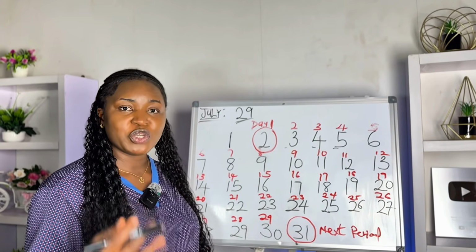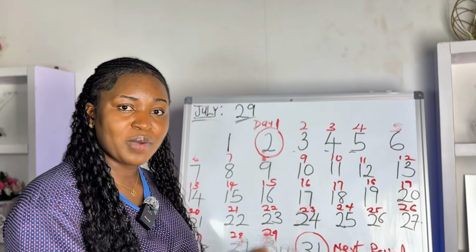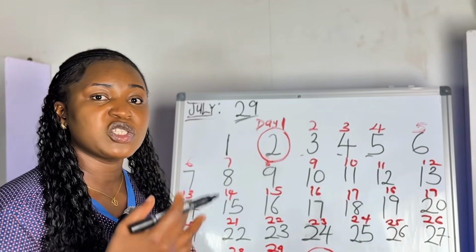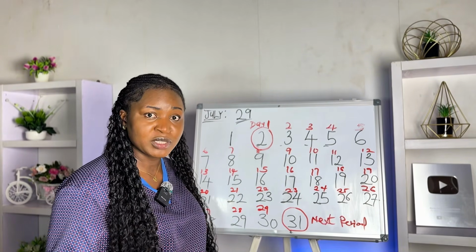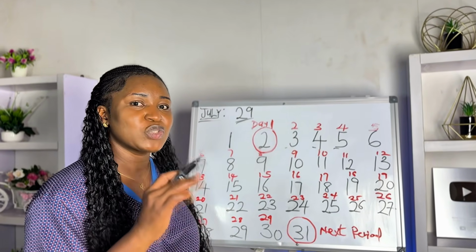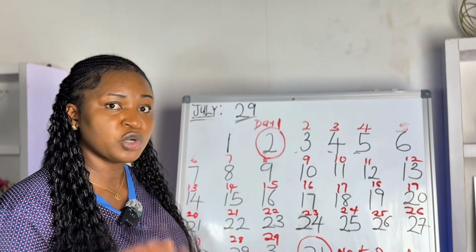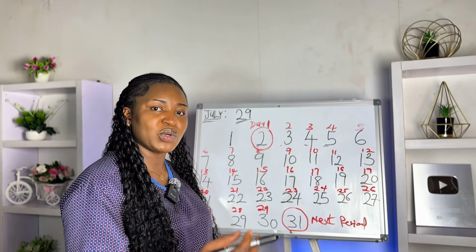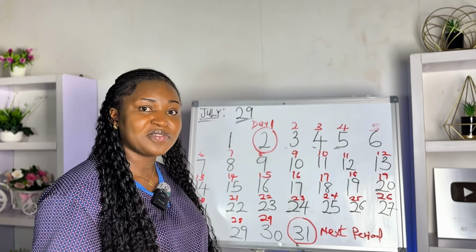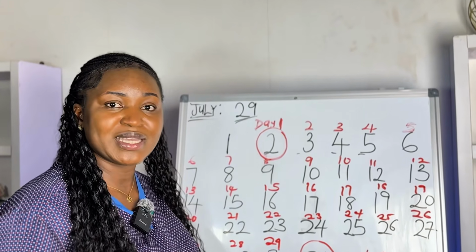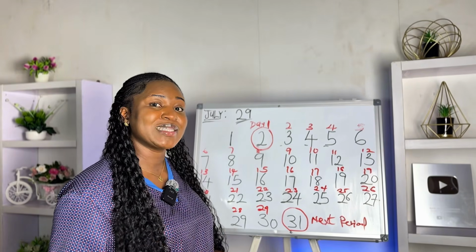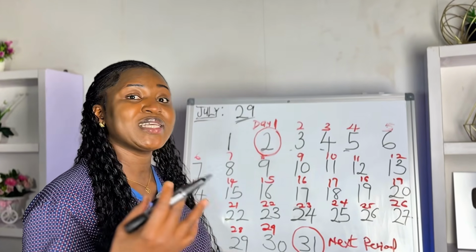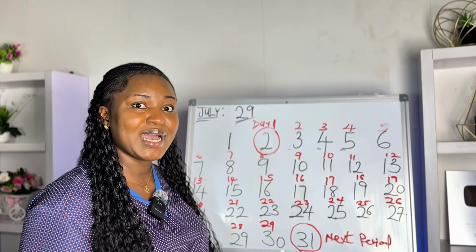Now, one thing I want you to know is that cycle length varies from woman to woman. Some women have a 21-day cycle length, 25-day cycle length, 30-day cycle length. So every woman does not have a 28-day cycle length like most women assume. So if you have a 21-day cycle, a 25, 26, 27, 28, up to 35-day cycle, it is considered normal. It's only when it's less than 21 days or greater than 35 days that is considered abnormal.